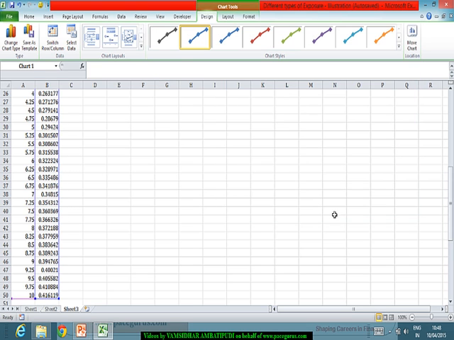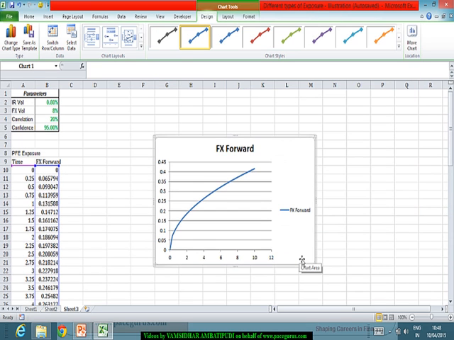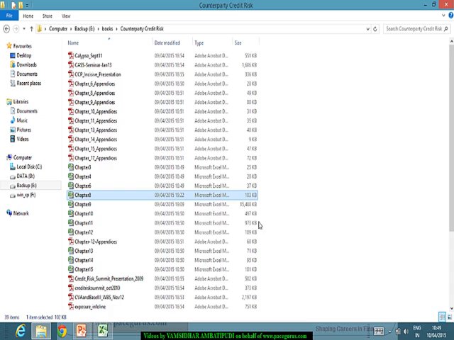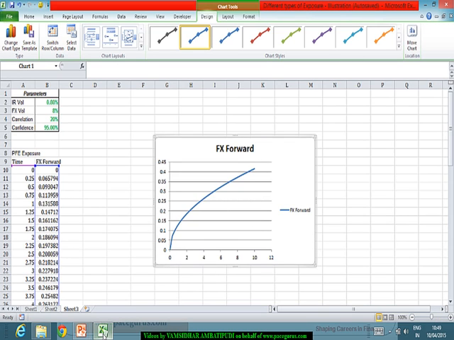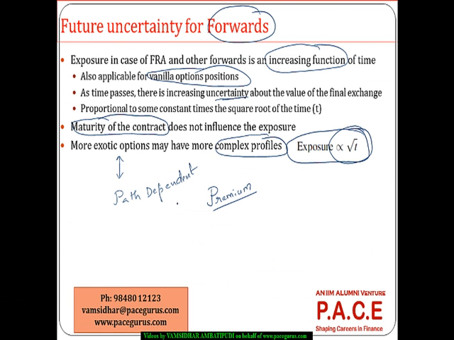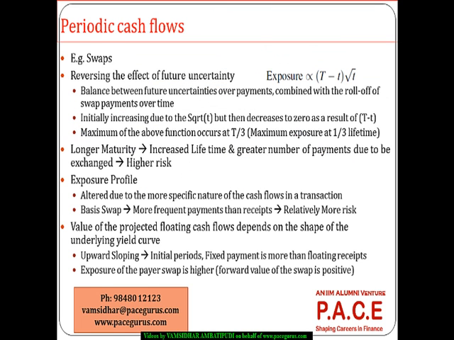So this gives me the exposure with respect to the forex forwards, which I am seeing is increasing with respect to time, right? This is increasing with respect to time. So that's how we look at any kind of forwards, or for that matter any kind of vanilla options.